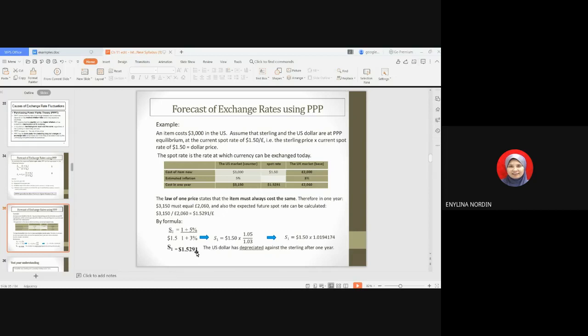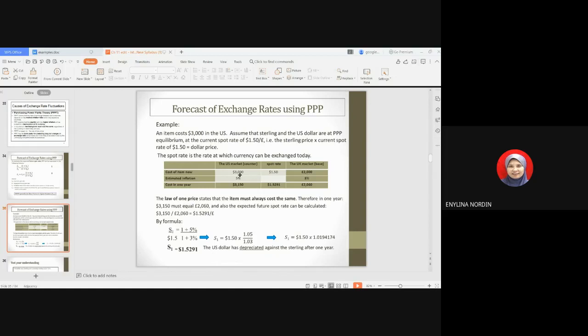So it becomes higher. That means the US dollar will be depreciated, because you have to pay more dollars in order to get 1 pound. So the US dollar will be depreciated in 1 year's time.